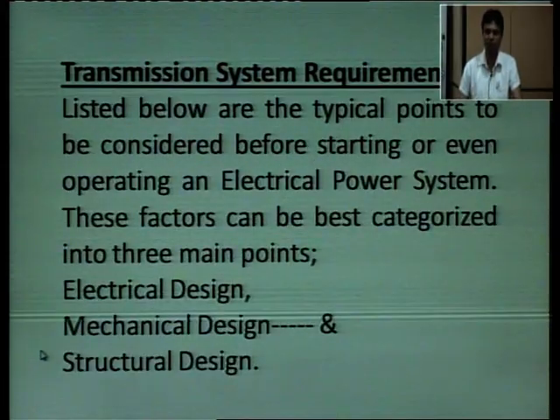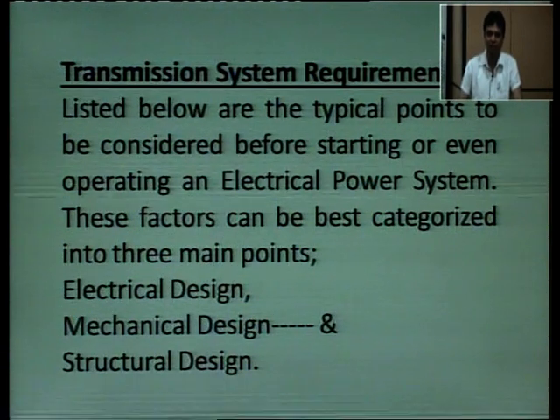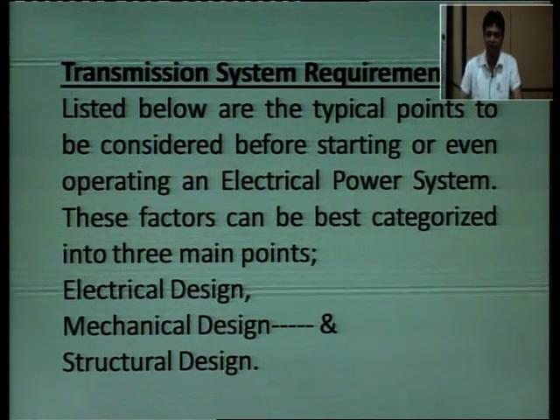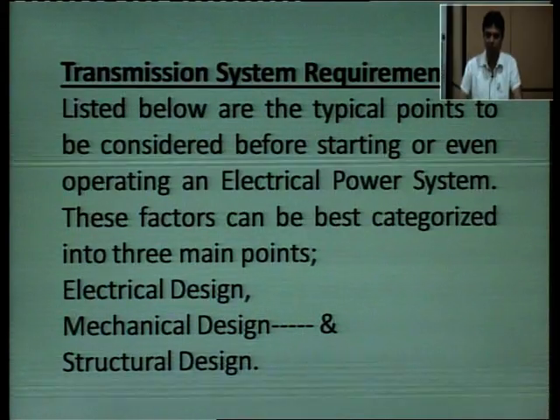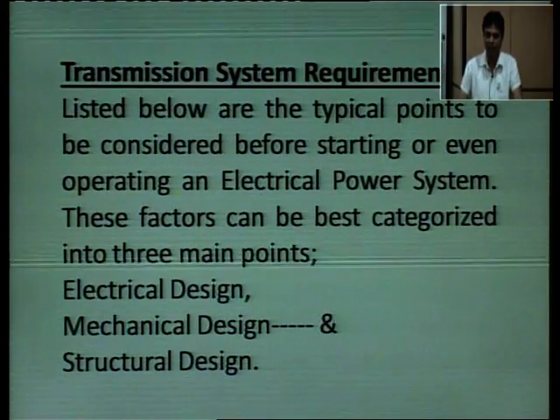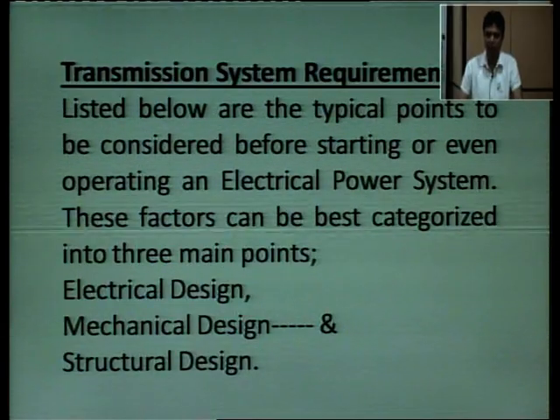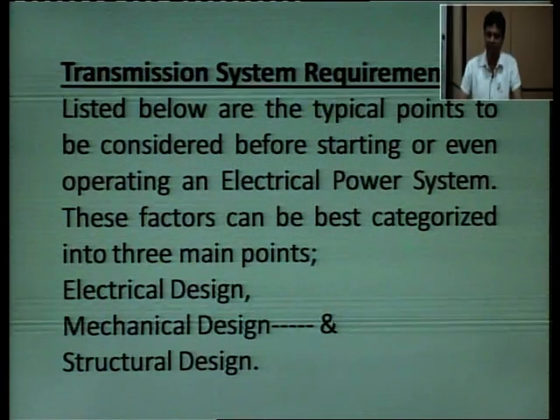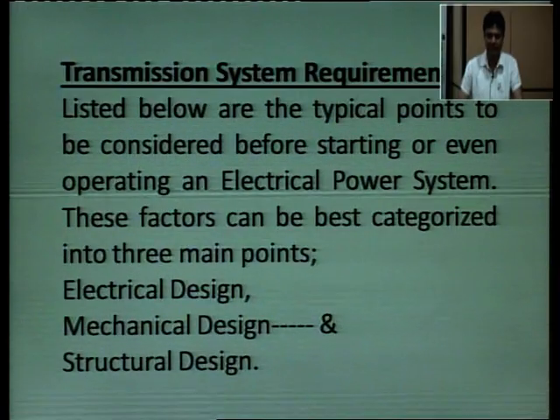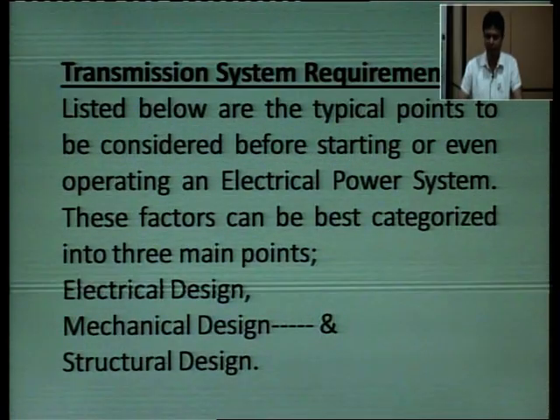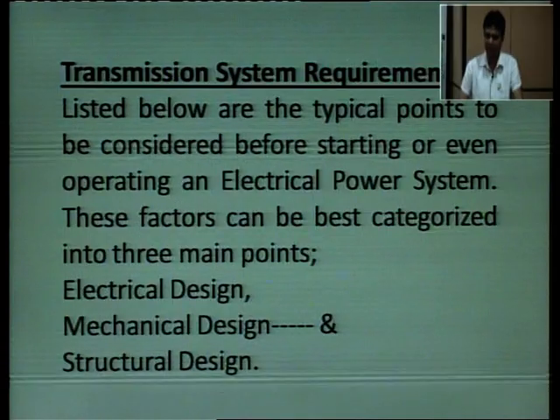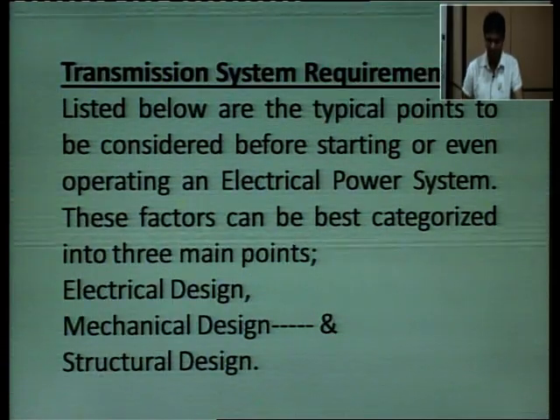So transmission system requirements listed below are the typical points to be considered before starting or even operating an electrical power system. These factors can be best categorized into three main points: electrical design, mechanical design and structural design.